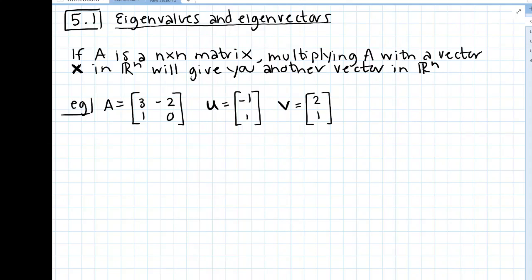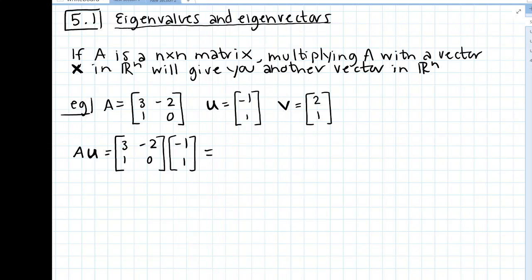Okay, so let's start with the first one. If we're multiplying A with u, that's 3, -2, 1, 0 times -1, 1.